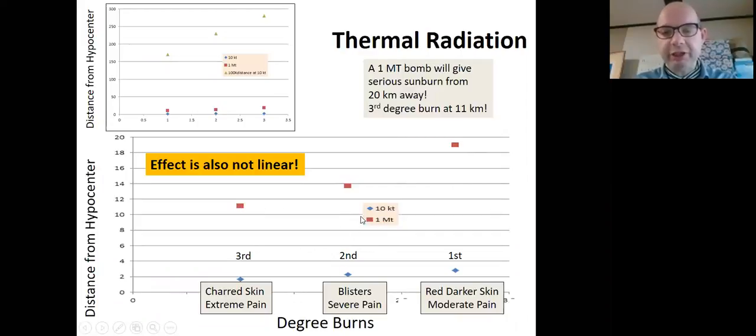And these other effects happen like this. A 1 megaton bomb will give a serious sunburn from 20 kilometers away, and third-degree burns at 11 kilometers. So this gives you a sense of the incredible amount of heat that's released during a nuclear detonation.